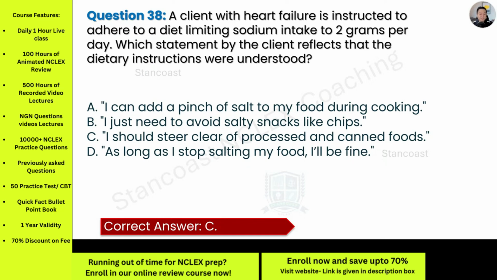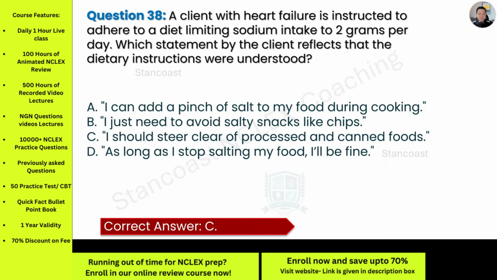The same thing with letter D, this is something that you should be discarding because simply eliminating added table salt does not address hidden sodium found in many processed and prepackaged foods. You have to take a more comprehensive approach that includes label reading and avoiding high sodium items, which are also essential.